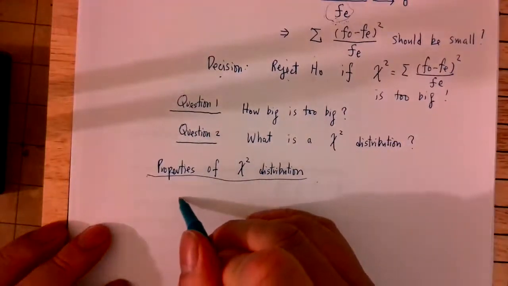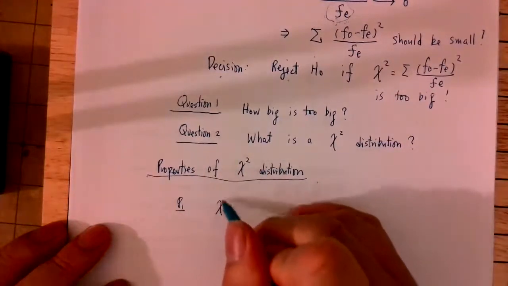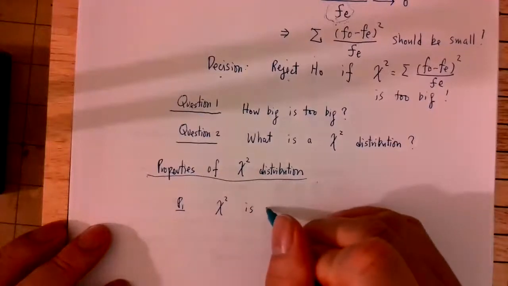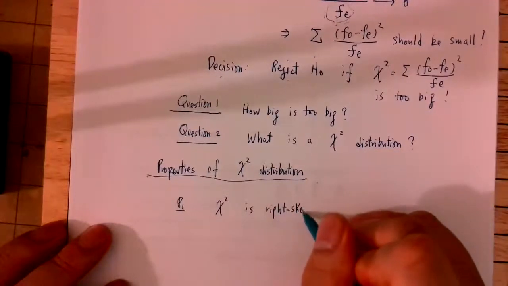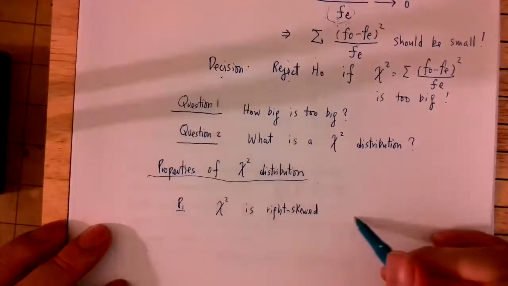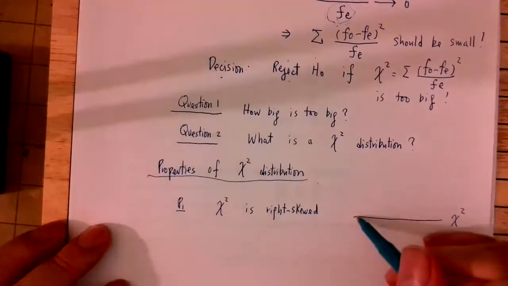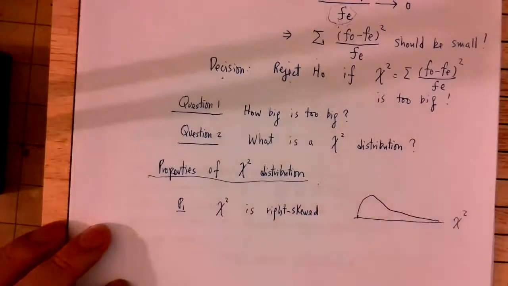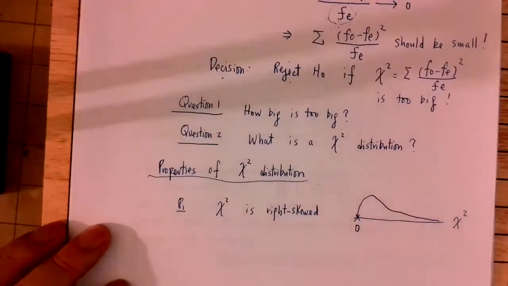Now, property one. Chi-square is right skewed. This is a chi-square distribution. It's right skewed with a very long right tail. And since it's a square, the smallest possible value is 0.